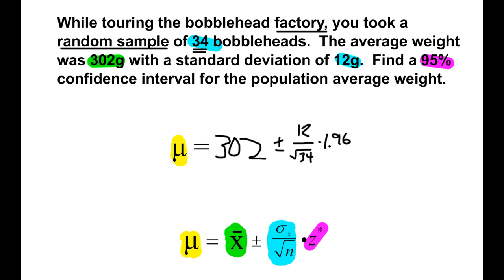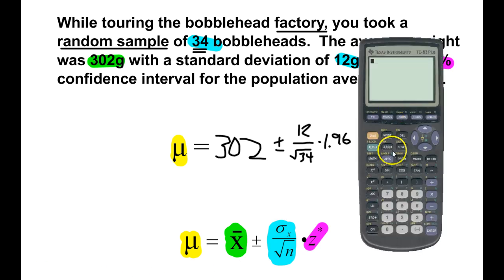So we can clean that up when we plug that into our calculator. We have 12 divided by the square root of 34, and that's going to give us our new standard deviation. We take 1.96 of those in each direction because we want to be 95% confident, and we end up with 4.03.